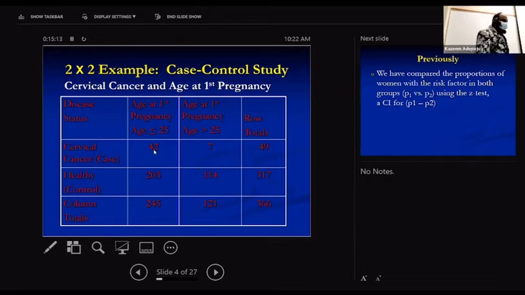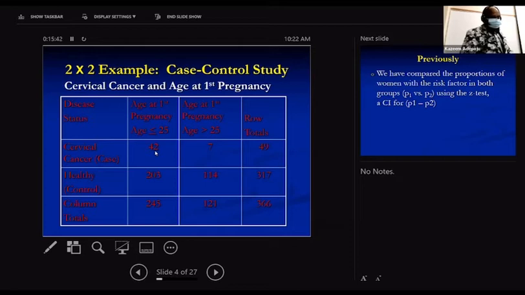What is the meaning of 42? Somebody want to say something about that? Okay, good job. When you look at 42, you're talking about the number of women who were pregnant at the age of 25 or less and developed cervical cancer.